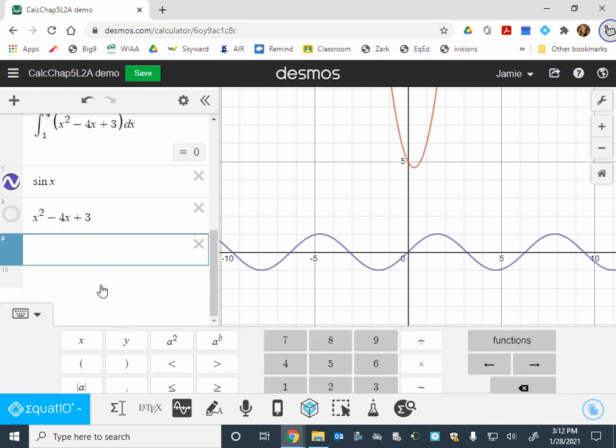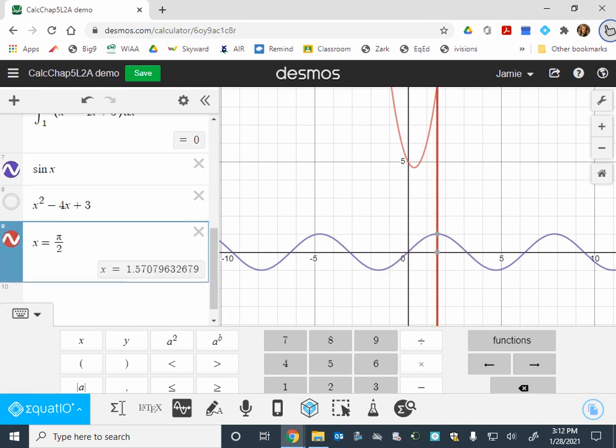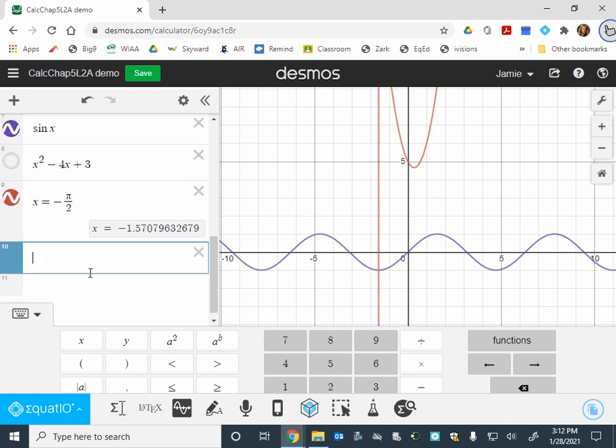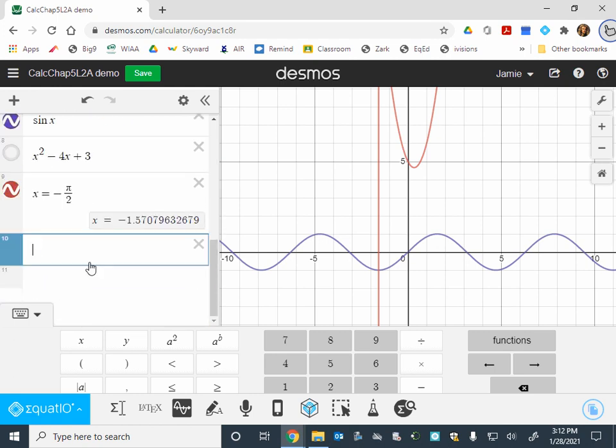Now, where x equals pi over 2, I guess it was negative pi over 2. So at negative pi over 2, that's what we've got there, and we're going to 1. Let me write x equals 1 in there.